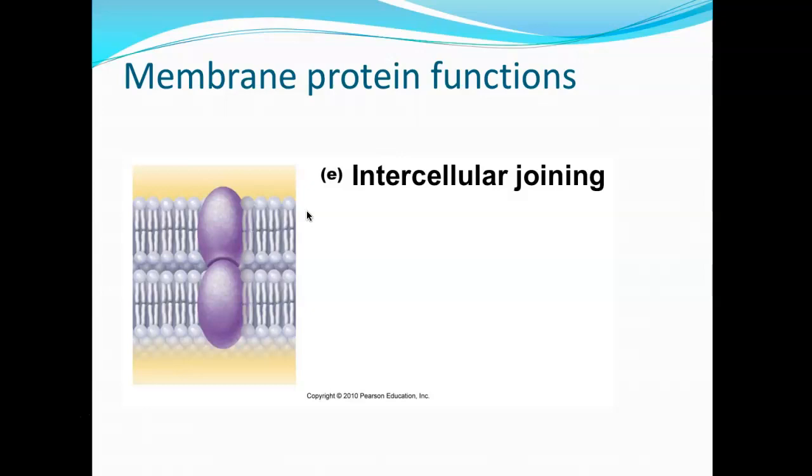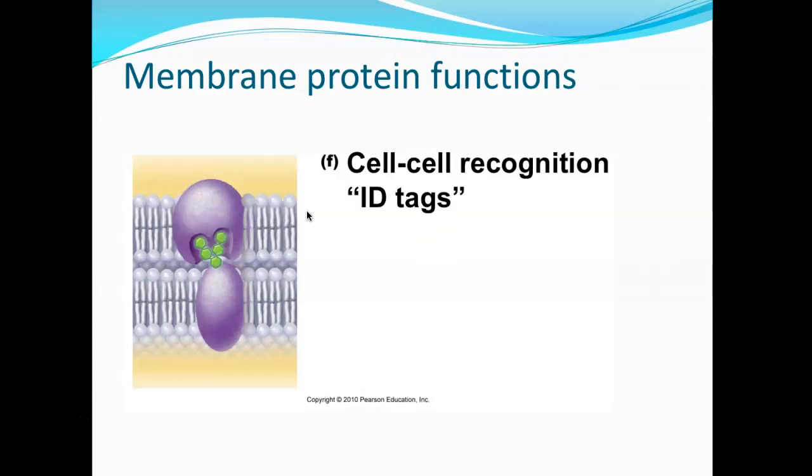All right, you have intercellular joining. So the cells of your skin need to have a watertight seal, like a real watertight seal. And so you're going to definitely want those cells to be pressed up against each other with intercellular joining. So proteins help two cells join together. And then lastly, you have cell-to-cell recognition, like ID tags.